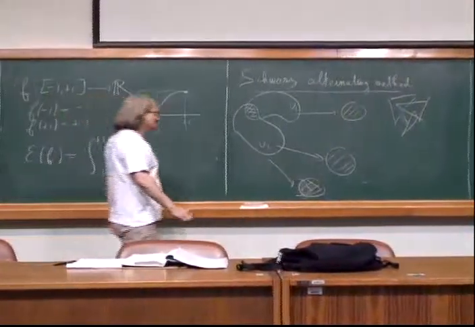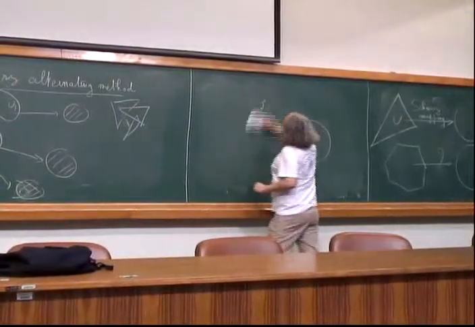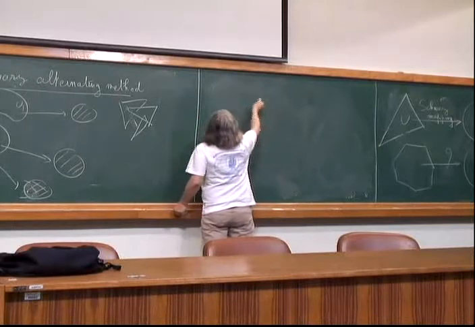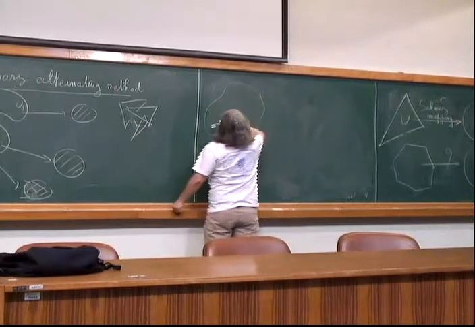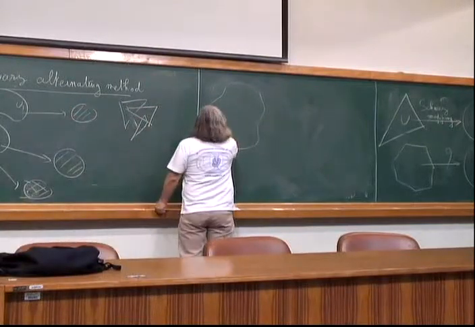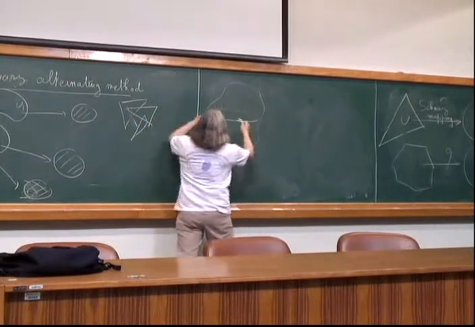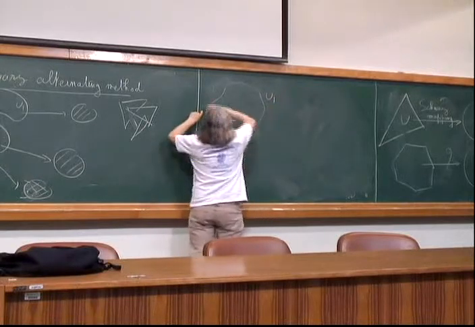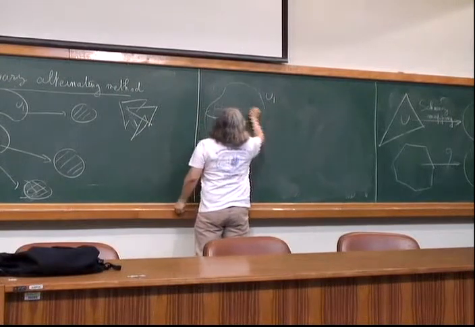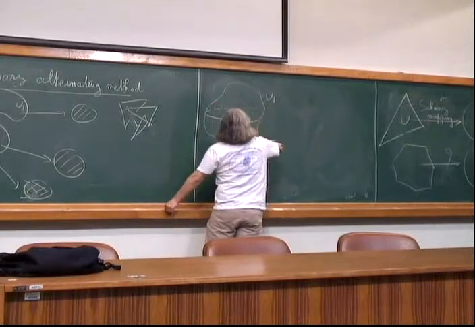Moreover, Schwarz showed something else, but the same idea. He showed the following. Suppose you have a surface, and on this surface you have two domains which are simply connected, like this one, U1, and this one, U2.